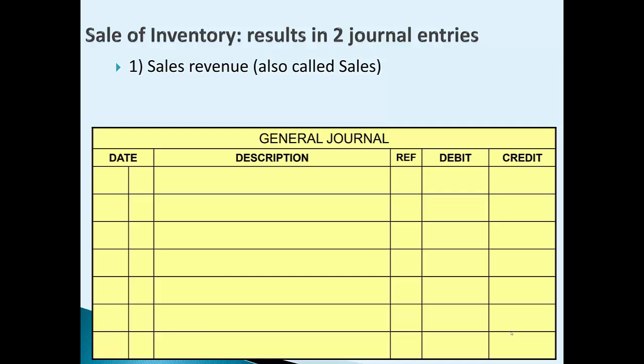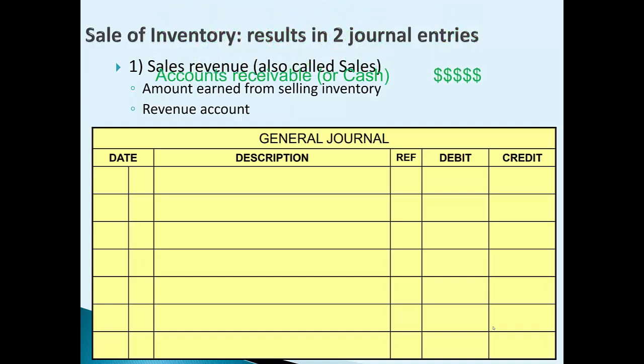So let's talk about sales revenue. Remember, sales revenue, also called sales, is a revenue account, and it's the amount that we are earning from selling the inventory. So when we record this selling of inventory, we're either going to get cash, or if we sell it on account, we're going to get accounts receivable.